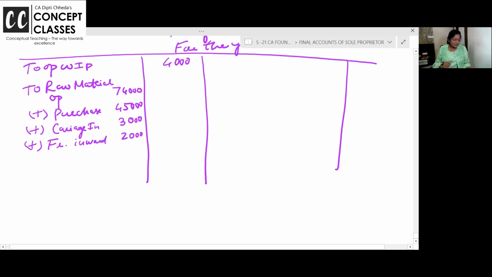Carriage inward, freight inward. And then we have return outward minus. Return outward is nothing but purchase return. Super scoring 5 marks, I can say. Opening, purchase, carriage inward, freight minus return outward.